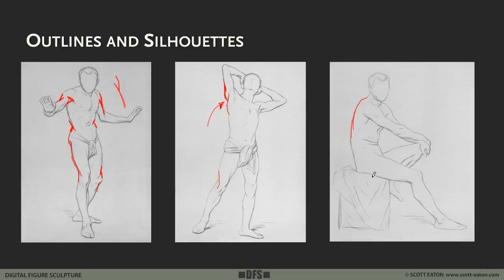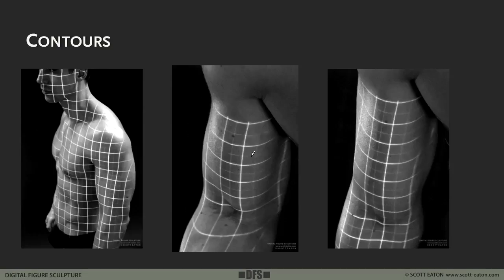Okay, other resources, contours. This is what the body does when it goes into profile, but what happens in here? What happens in here? How do we really study what those planes are?